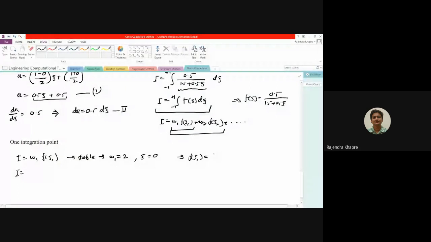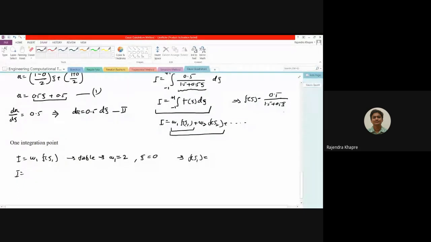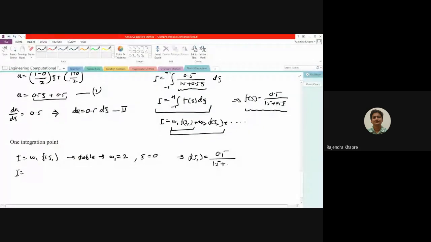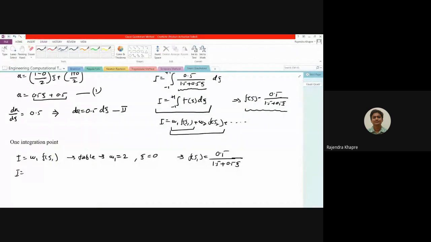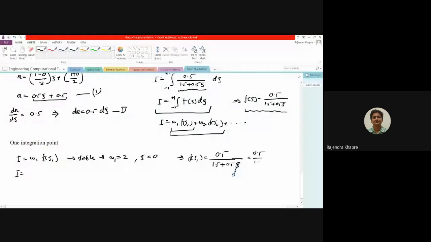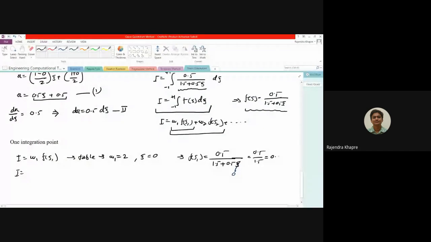Our f of xi is 0.5 divided by 1.5 plus 0.5 into xi. In this particular case, the value of xi is 0. So what is going to happen over here? This is 0.5 upon 1.5. How much will this be? 0.333, I suppose.